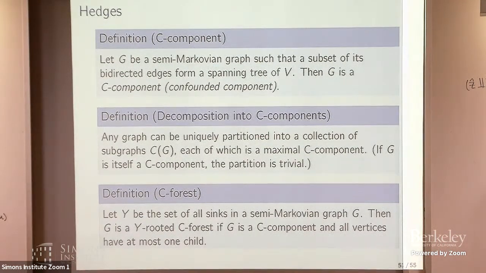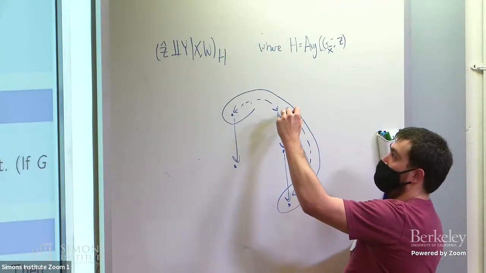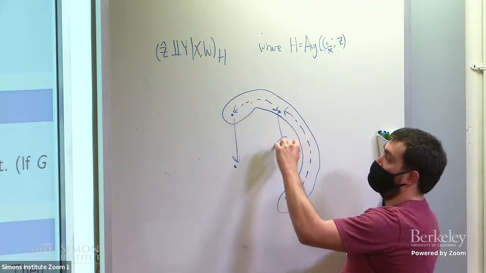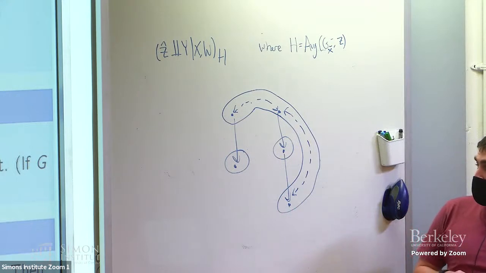If this is my graph, I have three C components: one that consists of these vertices, another one that's just this singleton, and another one that's this singleton.